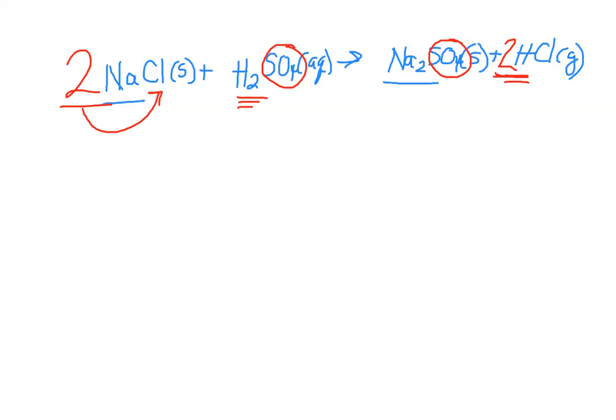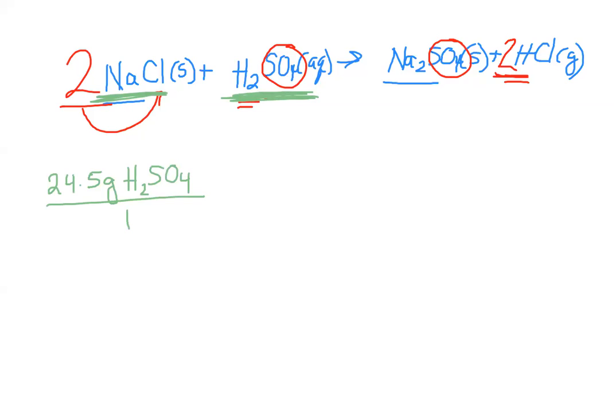So it says, if 24.5 grams of sulfuric acid is reacted with an excess of NaCl, that means we are not going to worry about the NaCl. We are worrying about the sulfuric acid, which is this. So that's what we're given, 24.5 grams of sulfuric acid.